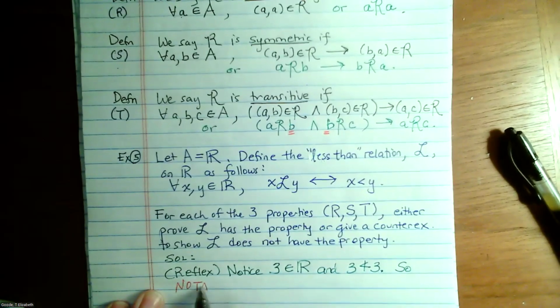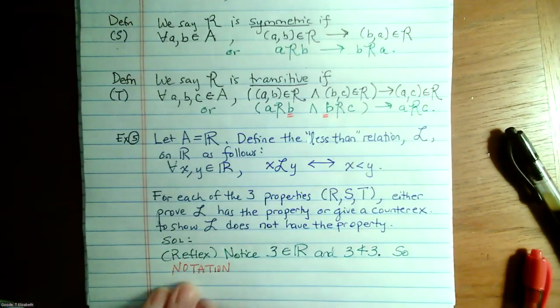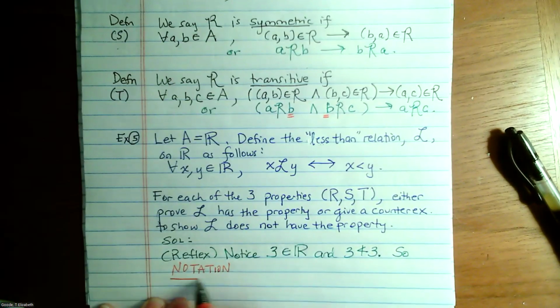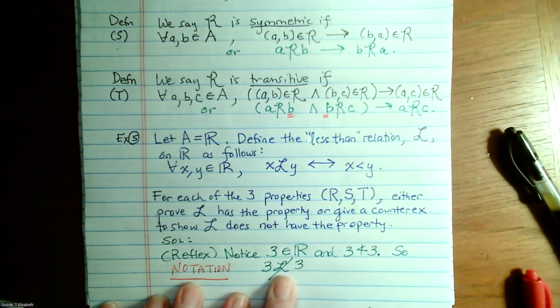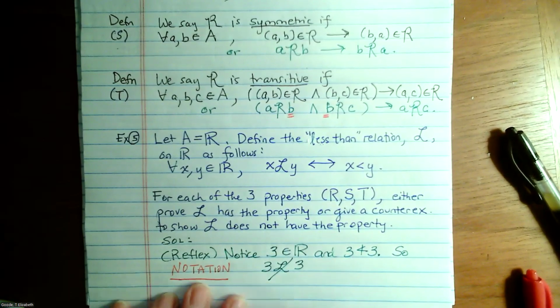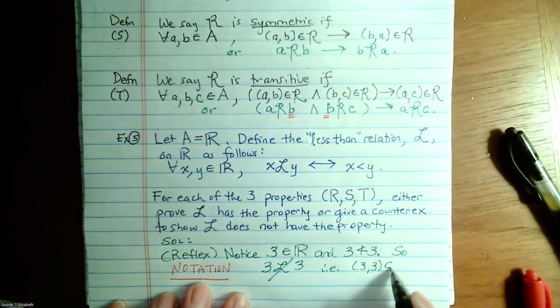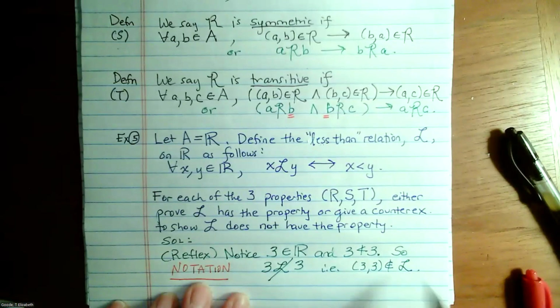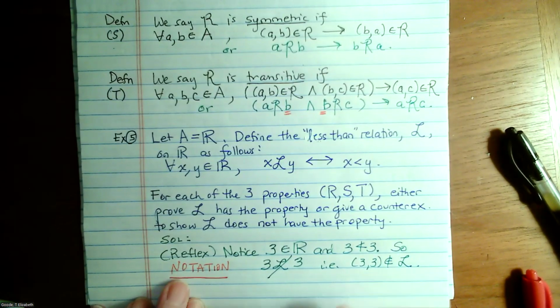I'm going to show you how we write not less than with the curly L. We say 3 is not L to 3. So we just take the curly L and put a slash through it, i.e. 3 comma 3 is not an element of the less than relation, so it fails to be reflexive.